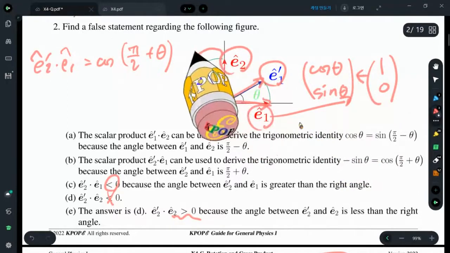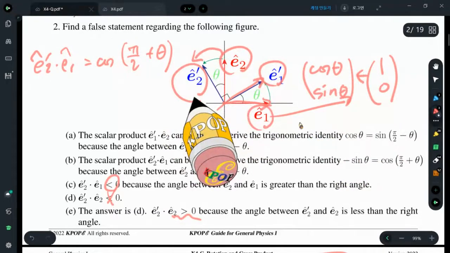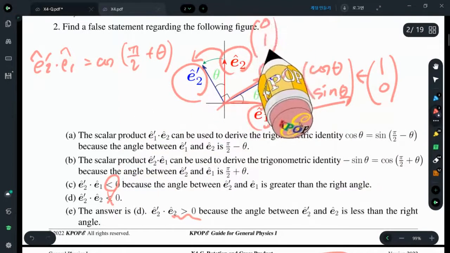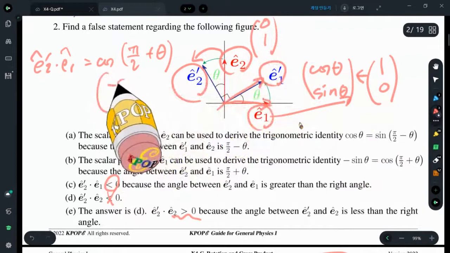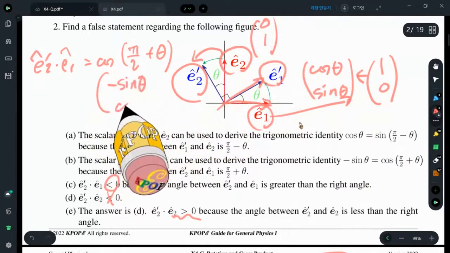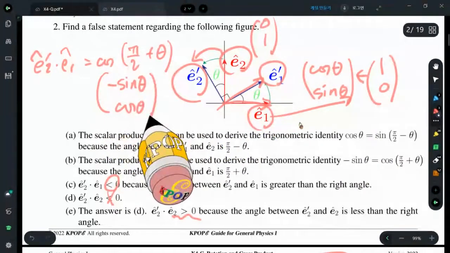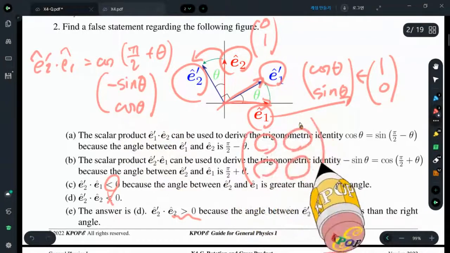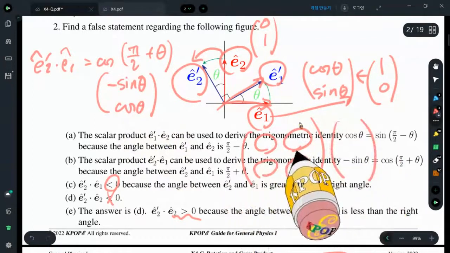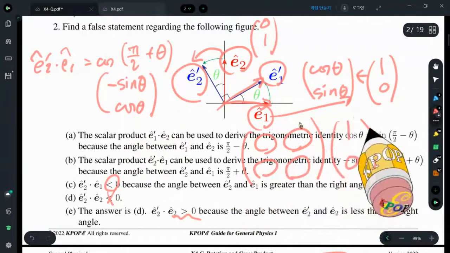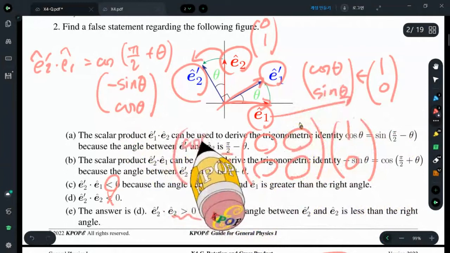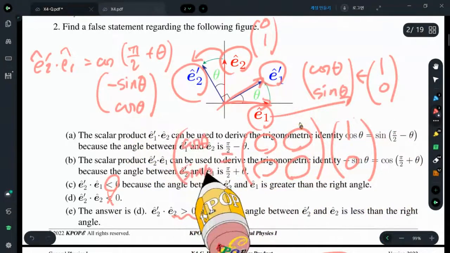And this one is transformed into this one, and this matrix representation is 0, 1. 0, 1 transforms into minus sine theta, cosine theta. So there is a matrix that produces, if I multiply 1, 0 to here, the answer is cosine, sine.